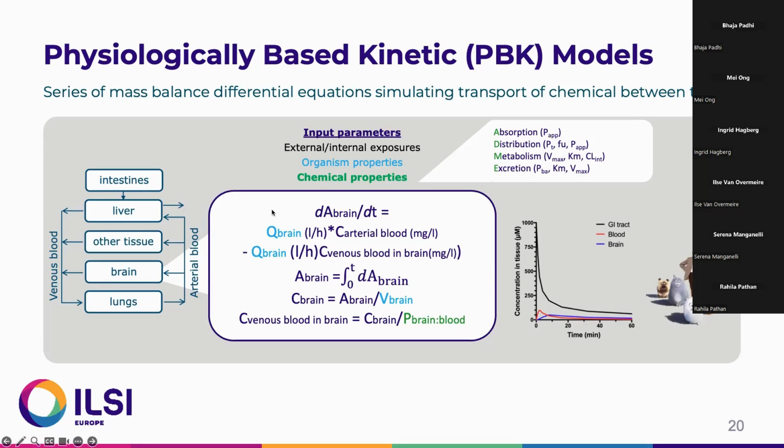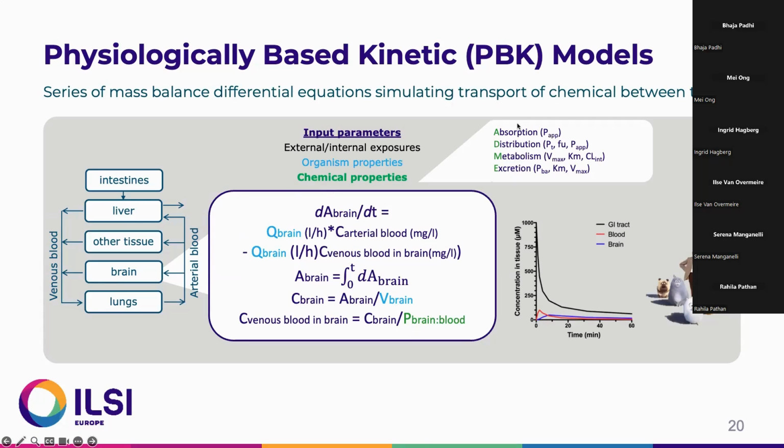And having explained this very briefly, there are really three types of input parameters. You have your exposure parameters, for how much is in the gut, so how much is in the food. You have your organism properties, so that's the blood flow rates to the different tissues, for example, but also the volume of each of the tissues. And most importantly, you have these chemical properties, which can be something like the blood partition coefficient and the tissue blood partition coefficient.